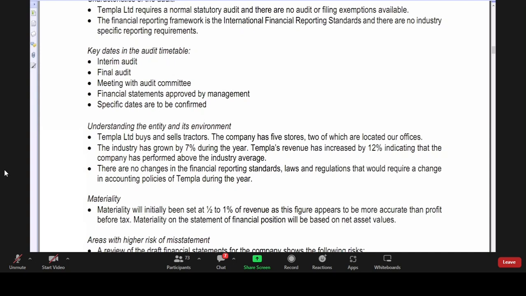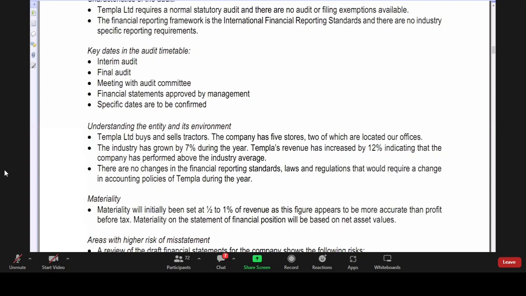In our case, our accounting period is 1st of January 2021 to 31st of December 2021. Our interim audit was done in October 2021. It covered the period from 1st of January to 30th of September 2021.